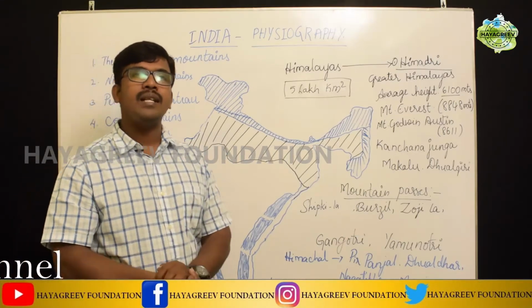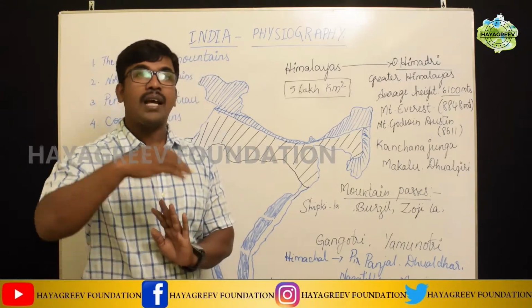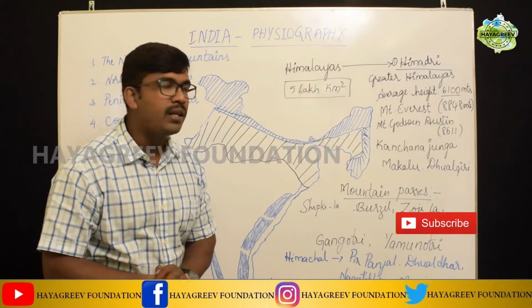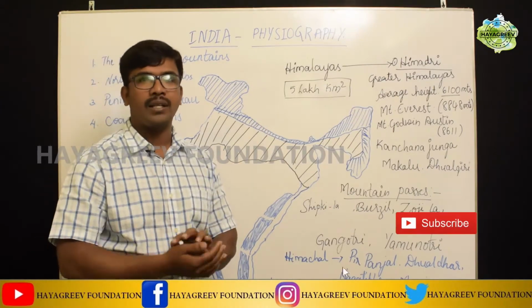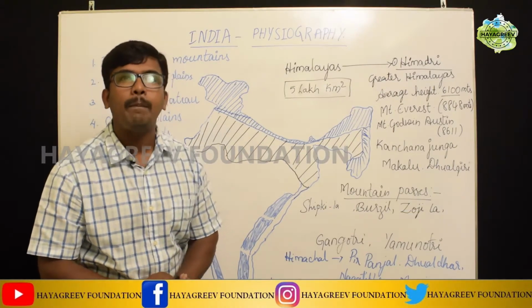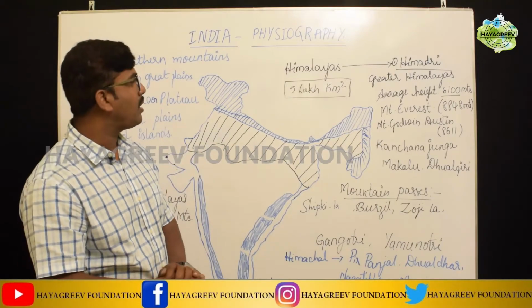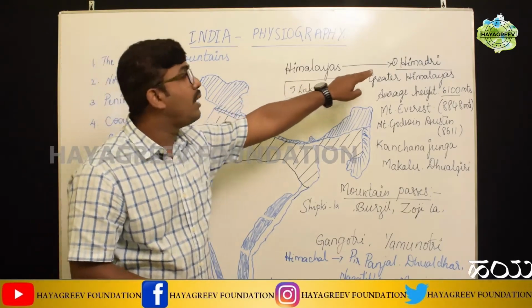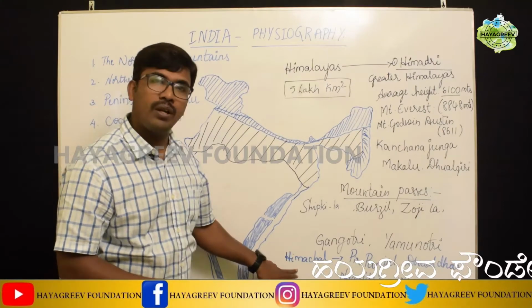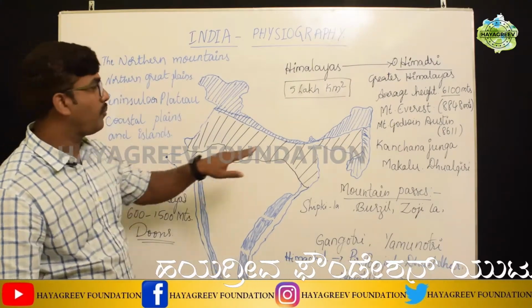On the basis of altitude, or height, we have divided the Himalayas into 3 parallel ranges. They are Himadri, Himachal and Sivalik.